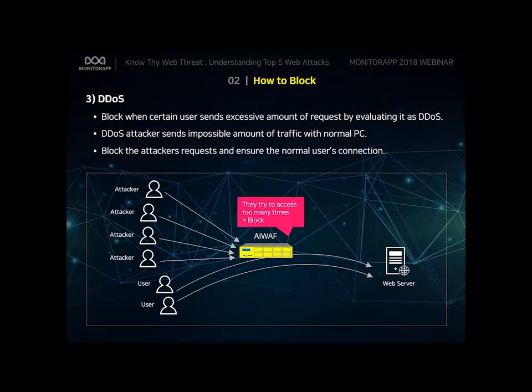For example, DDoS can request up to 100 times or more in 1 second. Simply blocking massive traffic that is impossible for a normal PC means that you're blocking the DDoS. But in order to deploy this method, you will first need to grasp the state and the environment of your web server.